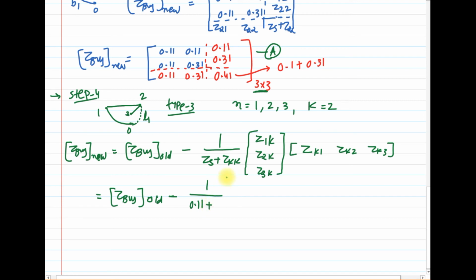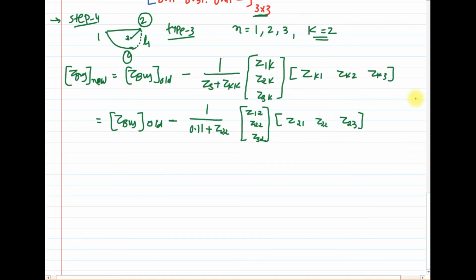So 0.11 plus Zkk, that means Z22, as we have considered k is equal to 2. Clear? Which is your old bus number 2 where your link L1 is connected to the reference bus. Here Z12, Z22 and Z32, as we have considered k is equal to 2. Again here Z21, Z22 and Z23.